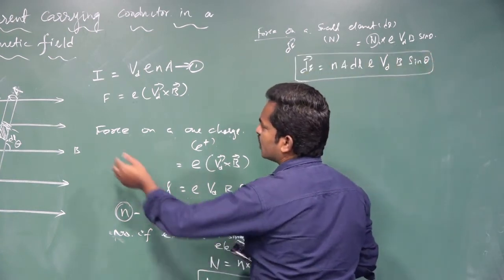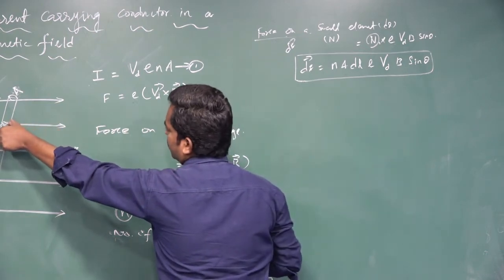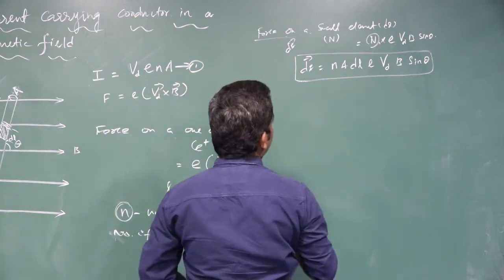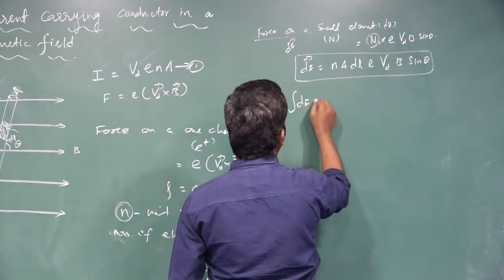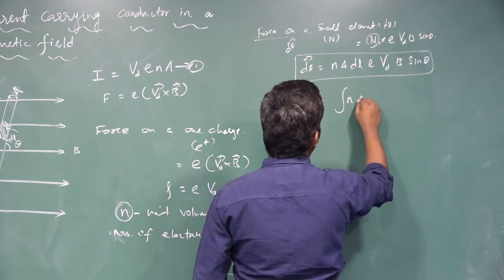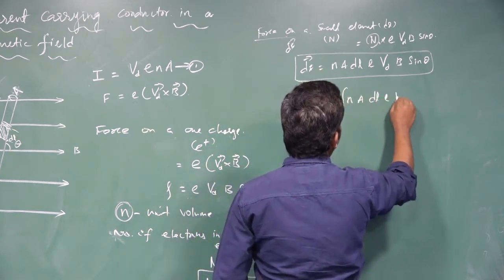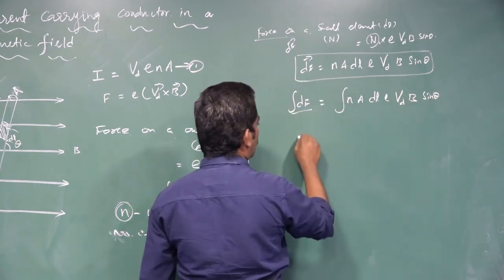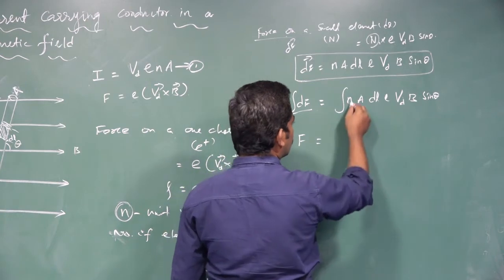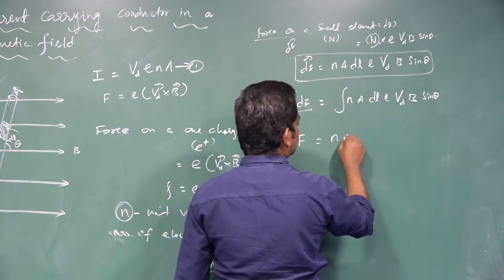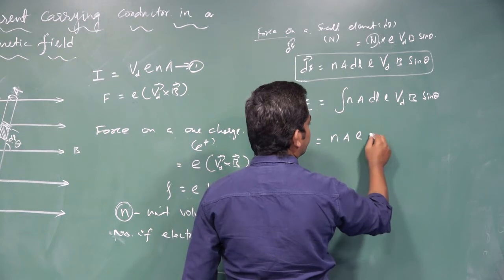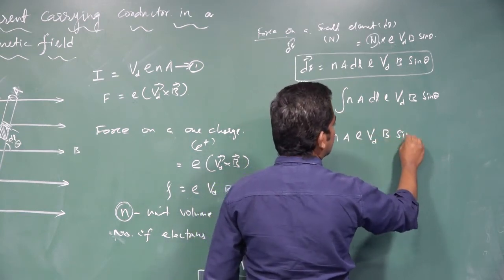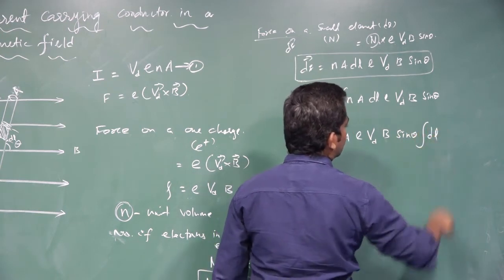I want to calculate it over the total length. Taking the integral, integral of dF is equal to integral of n A dl e Vd B sin theta. So the net force F is equal to n A e Vd B, which is uniform and constant, sin theta, integral of dl.